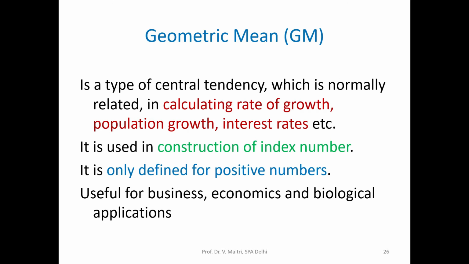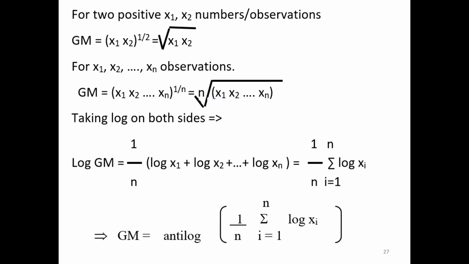Let's see the formula for that. For 2 positive numbers x1 and x2, the geometric mean is (x1 multiplied by x2) raised to the power 1 by 2, that is the square root of x1 multiplied by x2. And for n observations, it is (x1 multiplied by x2 multiplied by ... xn) raised to the power 1 by n.